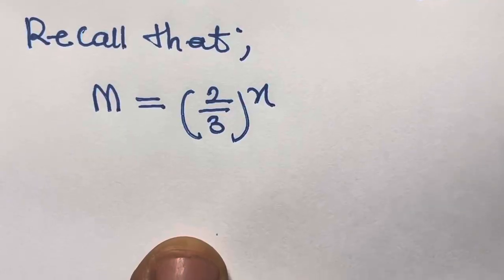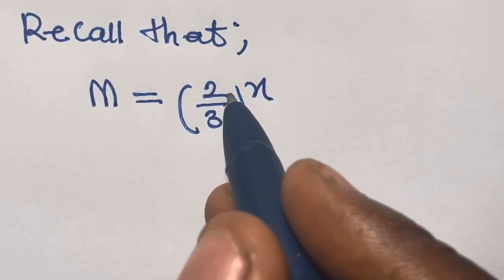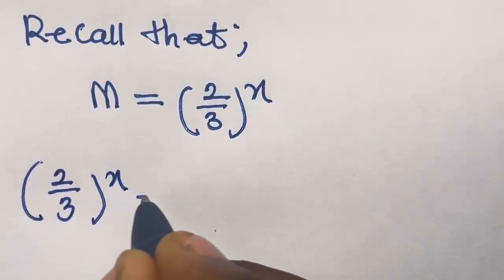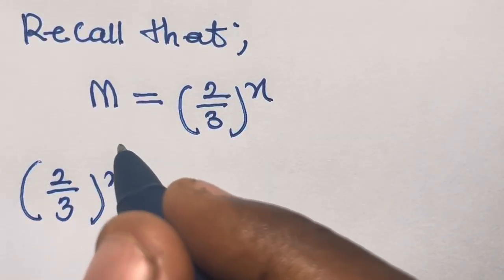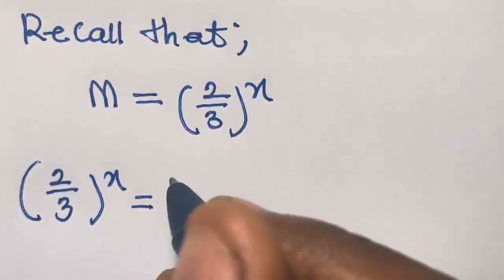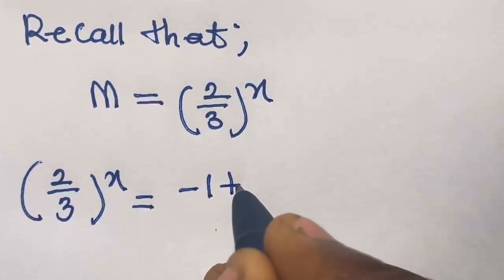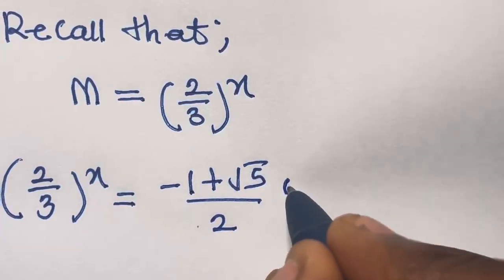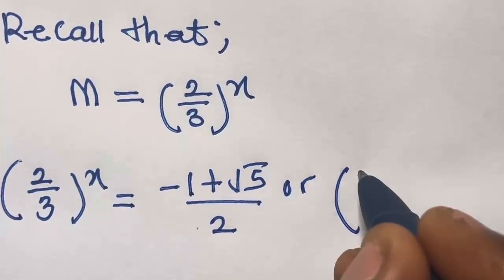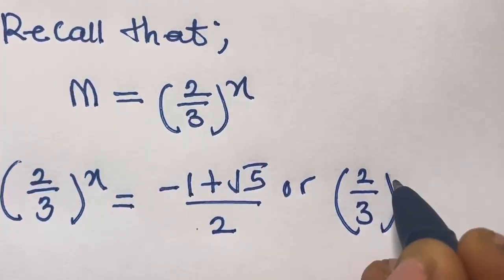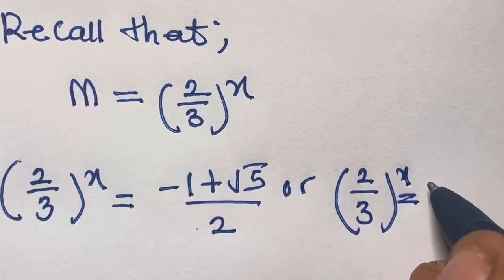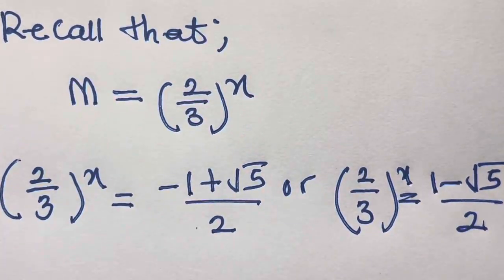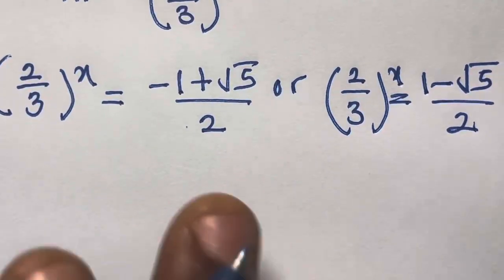So from here we have (2/3)^x equals, let's first do m1, (-1 + √5)/2.